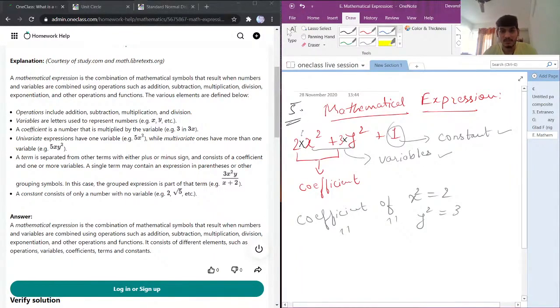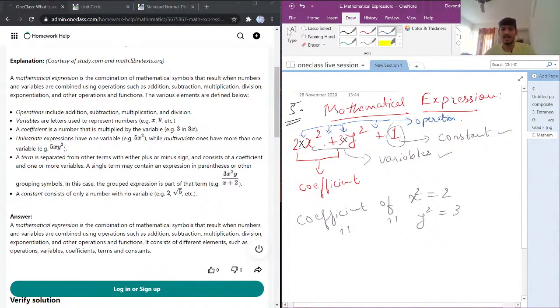This multiplication sign, this plus sign, again this plus sign, these are all operations or operands also. Operation is just the process: we are multiplying this 2 with x square. The operand is the multiplication sign, or in computers we write an asterisk, and here the operand is plus. We are doing the addition.